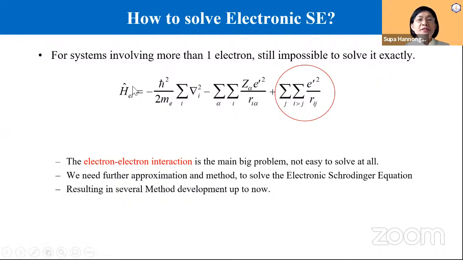When you consider the Hamiltonian operator, which includes the kinetic energy of the electron, which consists of these two terms, and the electron-electron interaction.